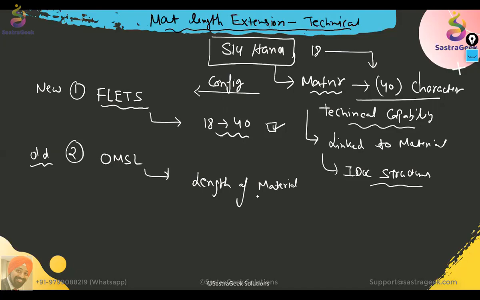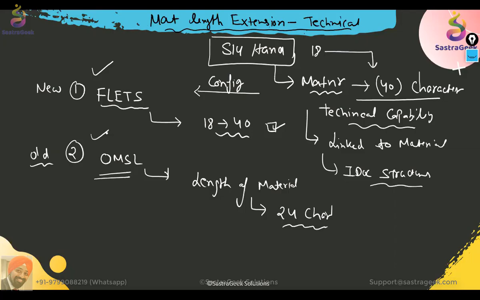Okay, you want to extend from 18, but with 24 characters, you would be able to satisfy your requirement. So what should be your limit? You need to define here in OMSL. So once you do this config, and once you do the OMSL config, you would be able to set up your system so that you would be able to create materials which would be larger than 18 characters.